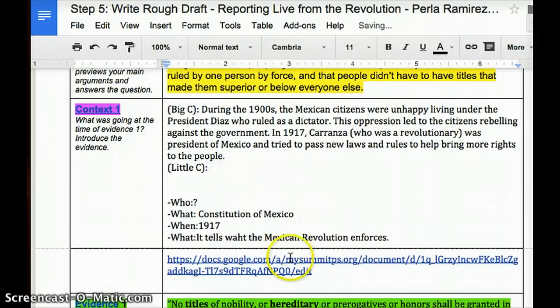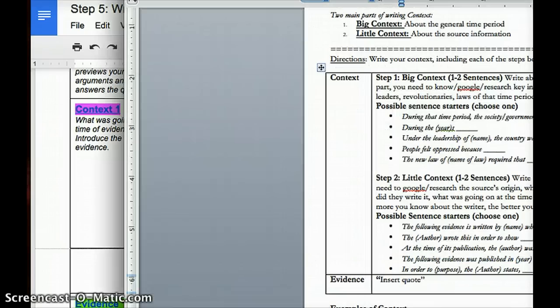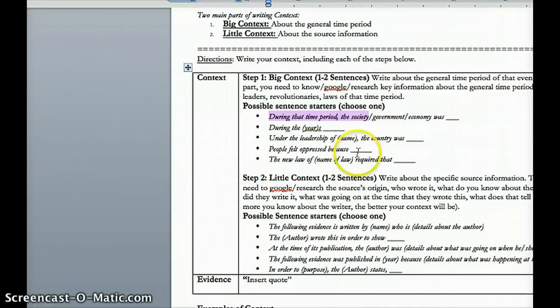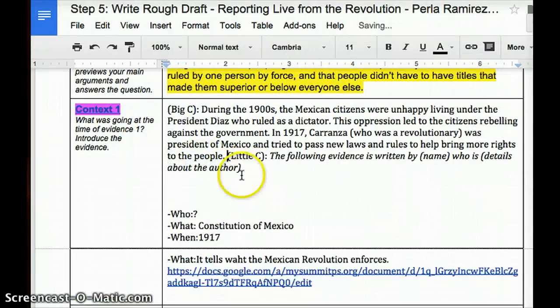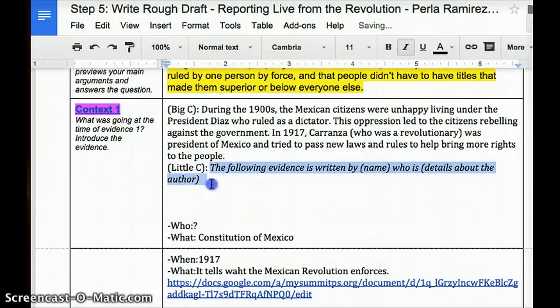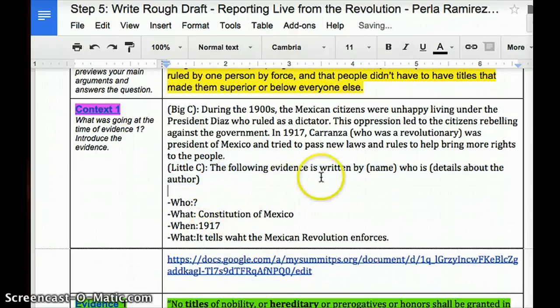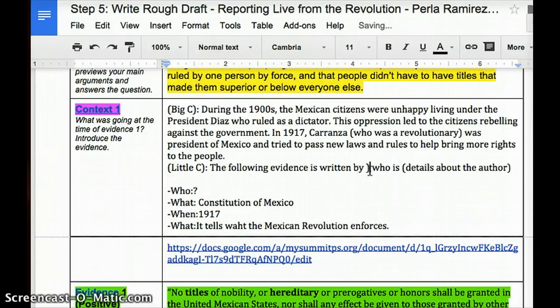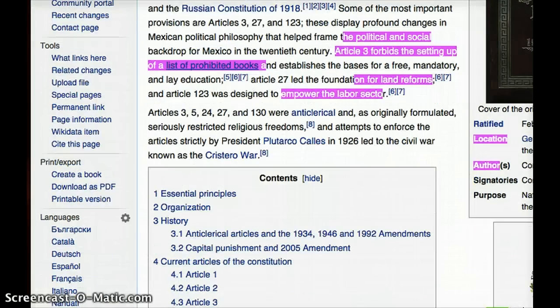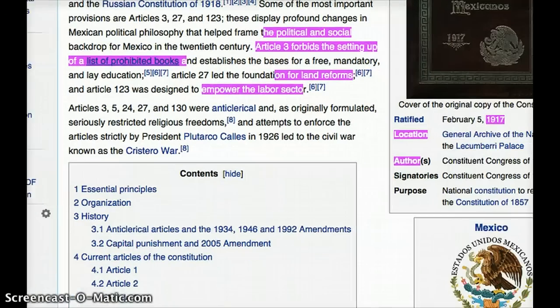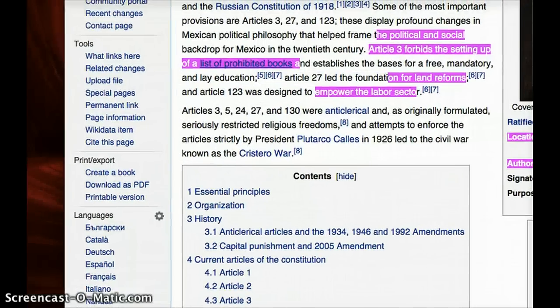Who wrote the Constitution? Let's go ahead and pick a sentence starter. So I can write this one. The following evidence was written by. So the following evidence, which is coming down on the bottom, who's it written by? Is written by the Constitutional, let's get their names again. It was right over here. The Constituent Congress of 1917.